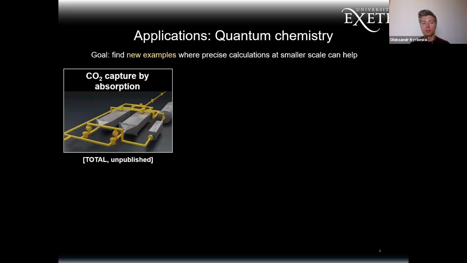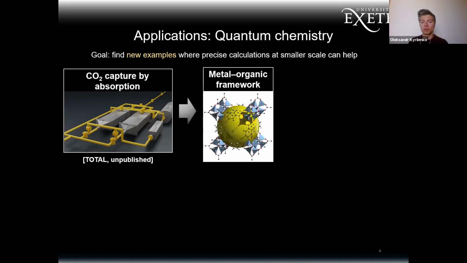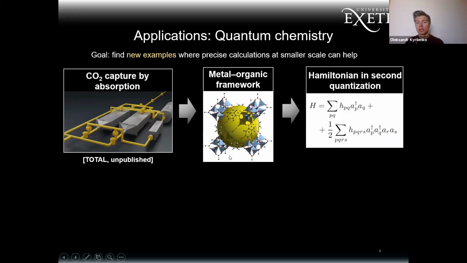For the applications motivation, I have chosen CO2 capture, though as you know there are many examples. The general idea is to come up with some industrially relevant problem. For instance, for CO2 capture, you can use metal organic frameworks, but they have very complicated Hamiltonians with strong correlations.